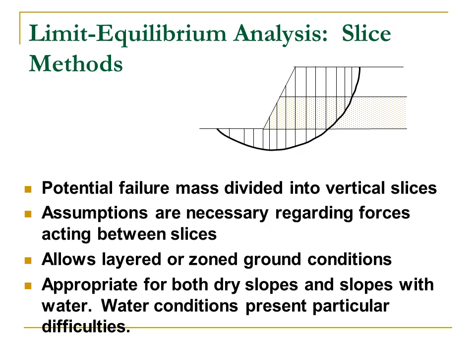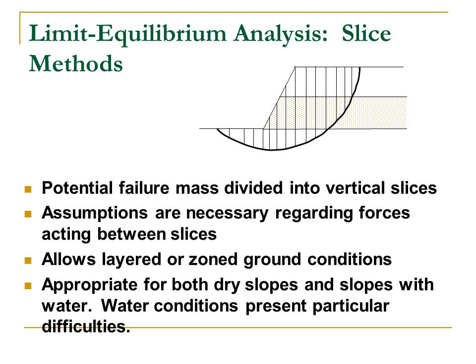We've come a long way from having to rely only on the Swedish circle method. In fact, there are a number of limit equilibrium analysis methods available, and these are typically referred to as a family as slice methods. In these methods, the potential failure surface, or potential failure mass, is divided into a number of vertical slices.